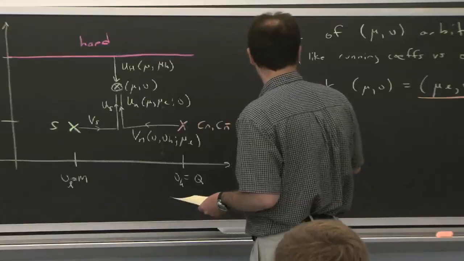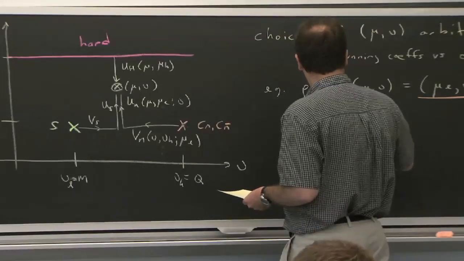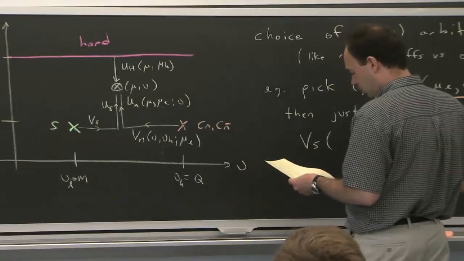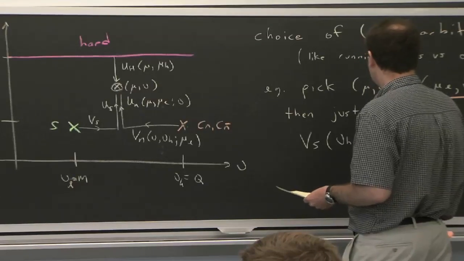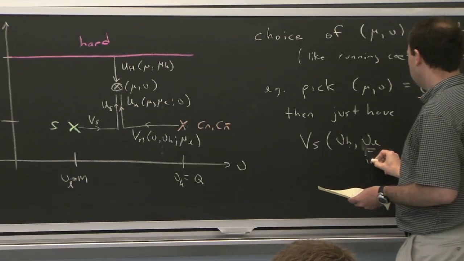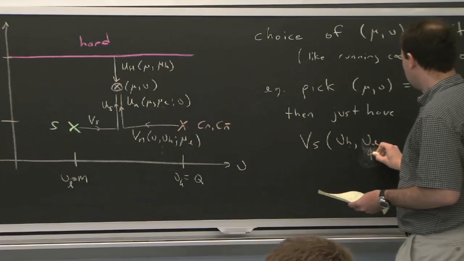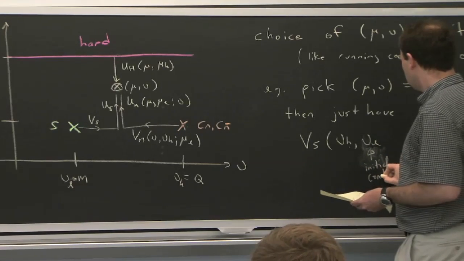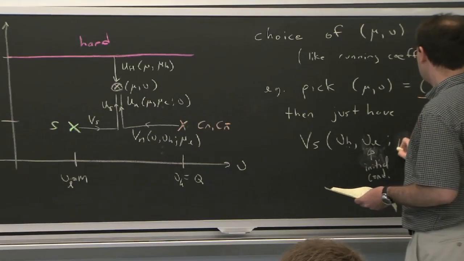So you would just need vs. And vs would run from starting at nu light over to nu heavy. So this is the initial condition, and this is the final, and it's at fixed us.